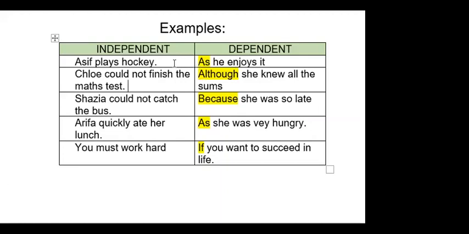But if the sentence was joined to another sentence which said, as he enjoys it, right? This is also a sentence, right? It has a subject, he. It has a verb, enjoys, right? But it cannot stand on its own because it starts with a conjunction.